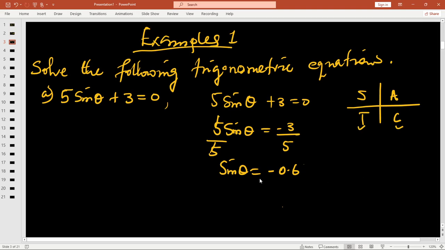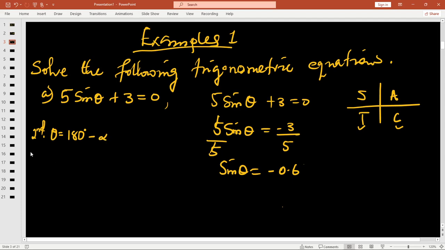Now, before we continue solving this, let me make mention of one thing: how you calculate the angles that you need in the respective quadrants. For the first quadrant, it's just the same angle that you get. In the second quadrant, your answer theta is equal to 180 degrees minus the calculated angle alpha.